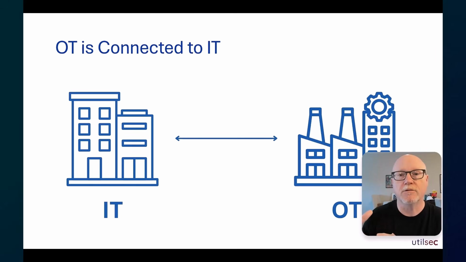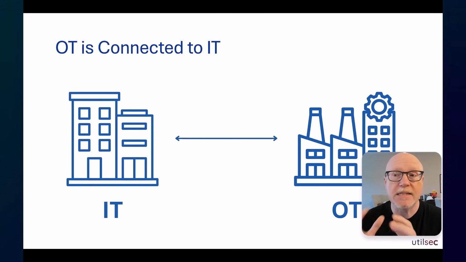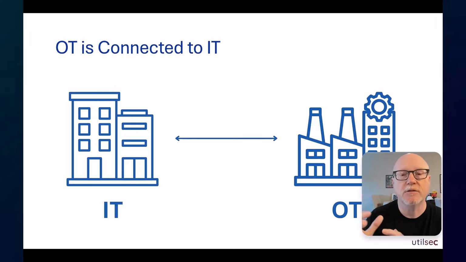And then we can also watch the overall performance of all the different systems and the equipment inside that plant. So we can use that data to determine when we need to do things like preventative maintenance. And we can use it to see how well the plant is performing, and whether there are little tweaks that we can make inside the environment to make it operate at a higher level of efficiency.